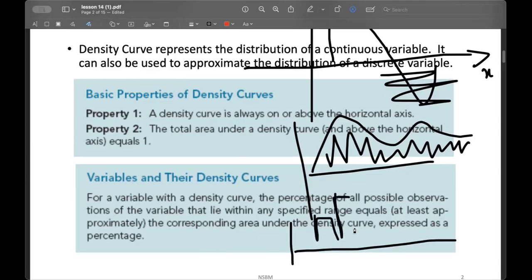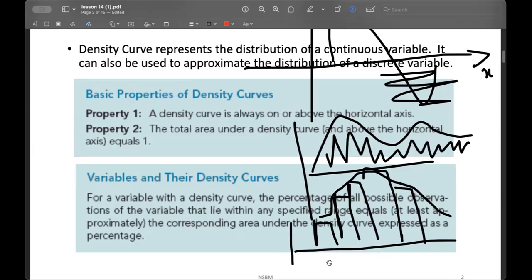Something like this, and again this, and then the curve goes something like this. So this is the density curve, and the percentage of all possible values.